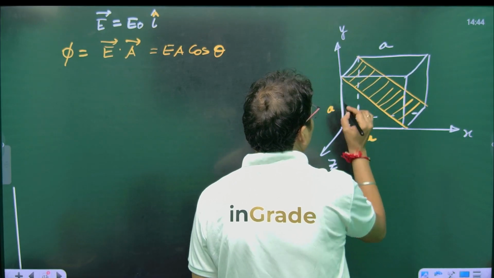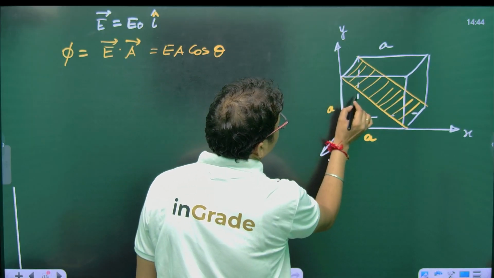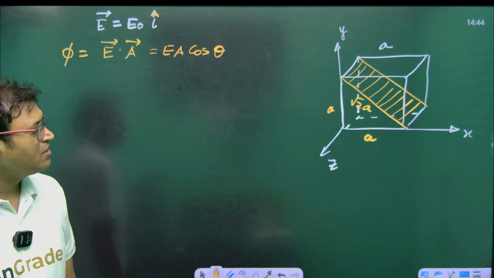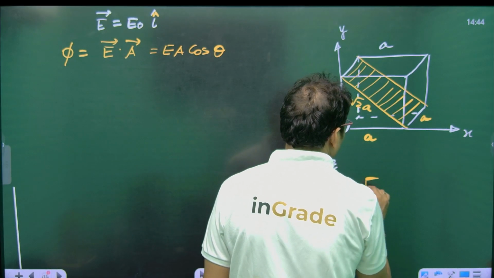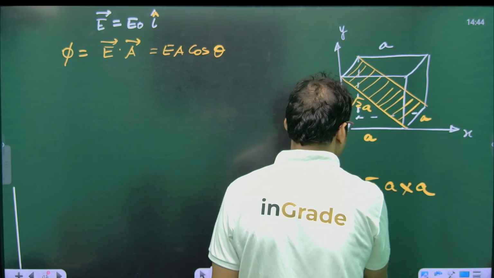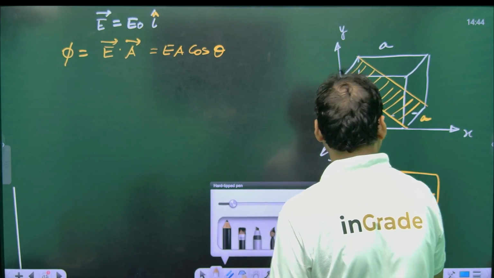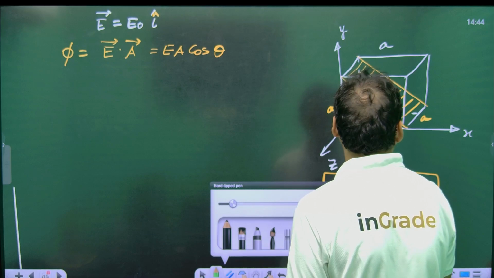This is A, this is A. So this will be root 2 A, isn't it? And this is also A. So area will be given by root 2 A into A. And the direction of area, what will be the direction of area?